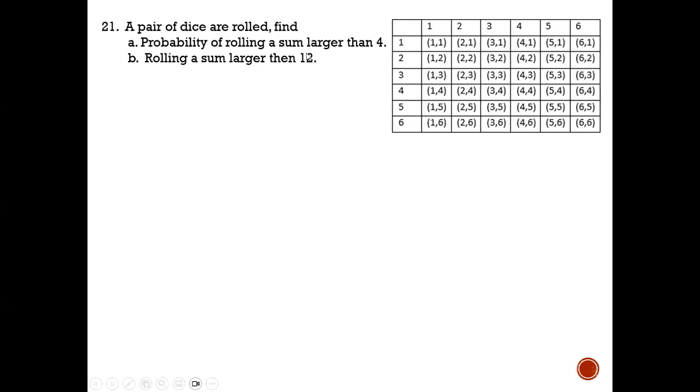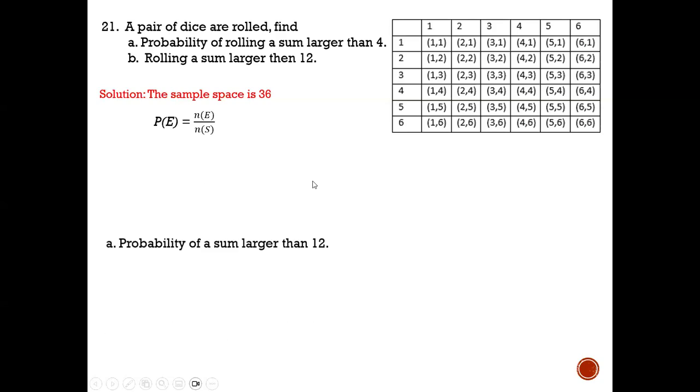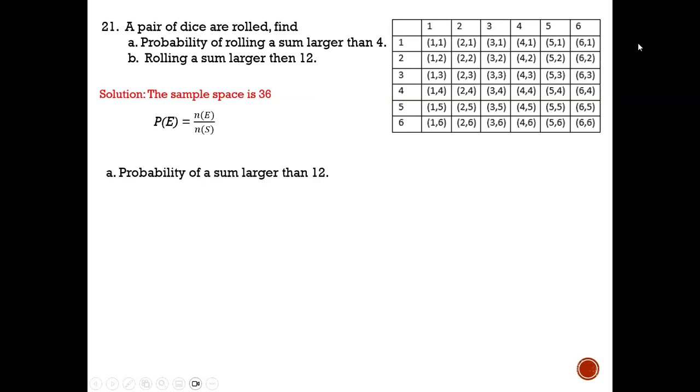The second one, part B, what's the probability of rolling a sum larger than 12? Well, we look at all our possible outcomes and we see how many meet the criteria. How many of them give us a sum larger than 12? So same thing, sample space is 36. It's the favorable outcomes over the sample space, the total possibilities. Now, if you notice though, none of these is larger than 12.